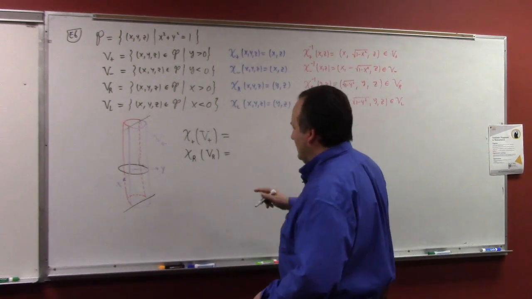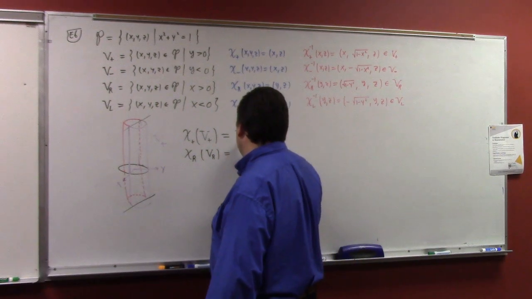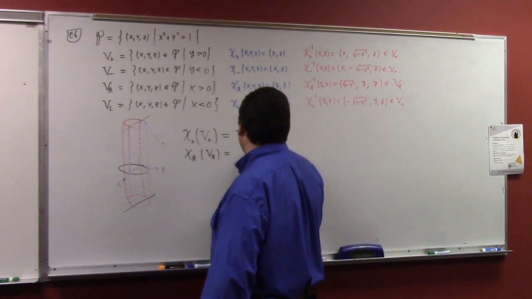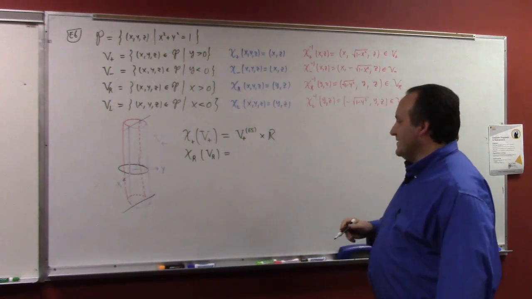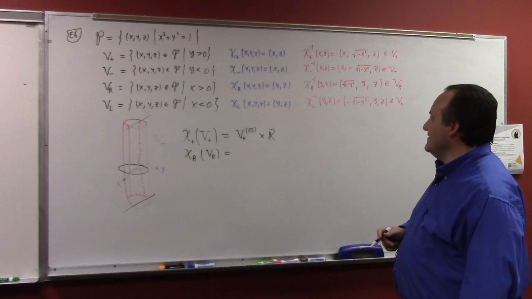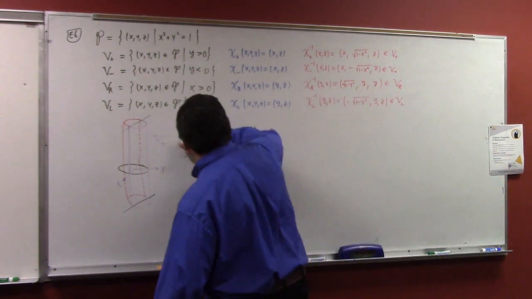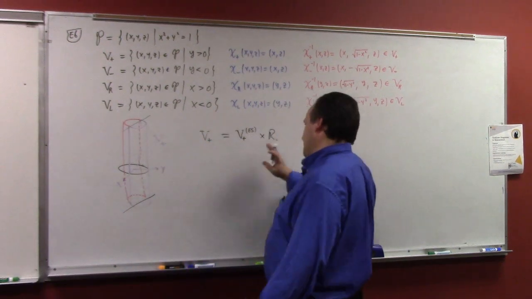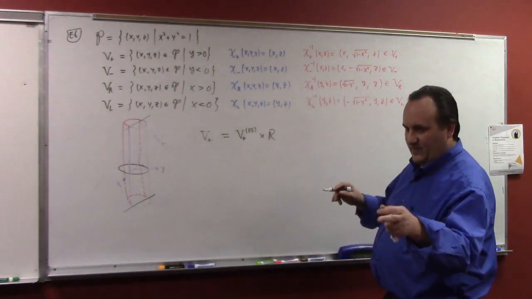What I should say is that this is like V plus of example 5 Cartesian product with R. Well, that's still not true. But the union of the four of those. What I'm trying to say is this. There we go. That is true.